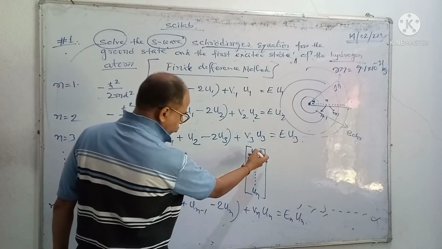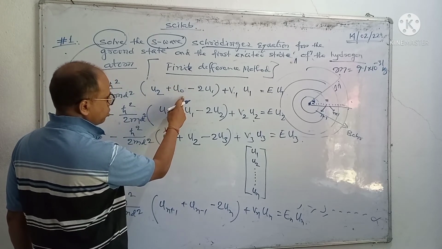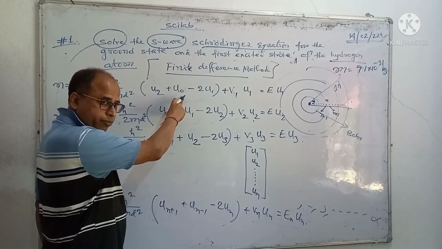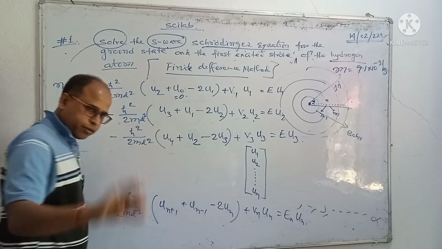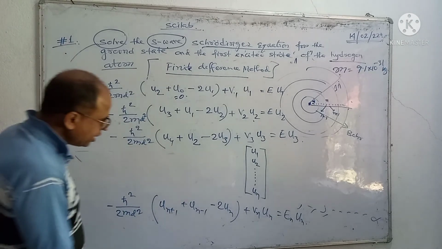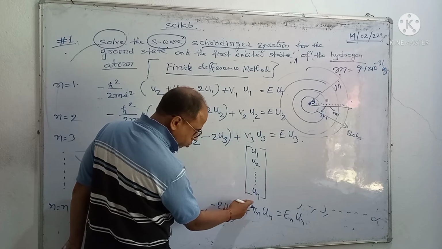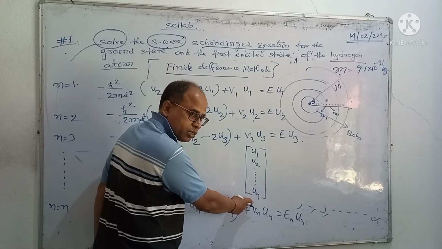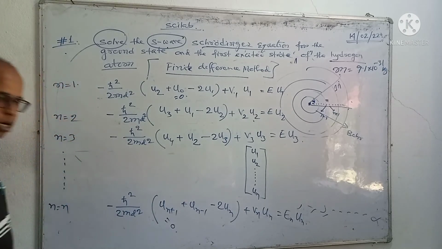Here you see no u0, but here you see u0 is coming. Therefore this must be 0. Next, here up to un minus 1, un, no un plus 1. Therefore take this 0.